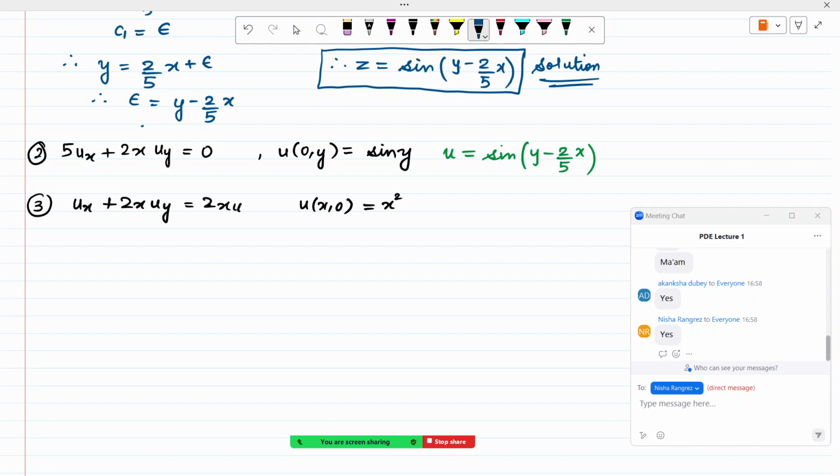Your values of p, q, and r. How much is p, how much is q, and how much is r? What's the value of p, q, and r? Come on. 1, 2x, and 2xu.